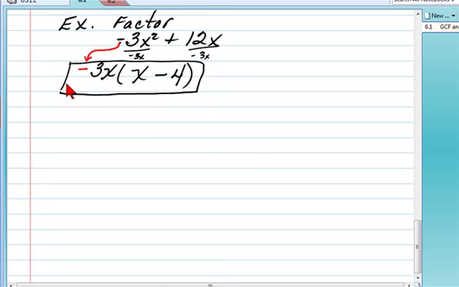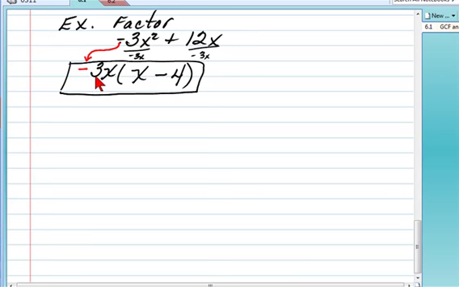Why do they have that rule about the negative leading coefficient causing you to factor out a negative? It is so that the new factor that you created will start with a positive. It is just more acceptable for a leading term to be positive. You're going to see that come up occasionally.